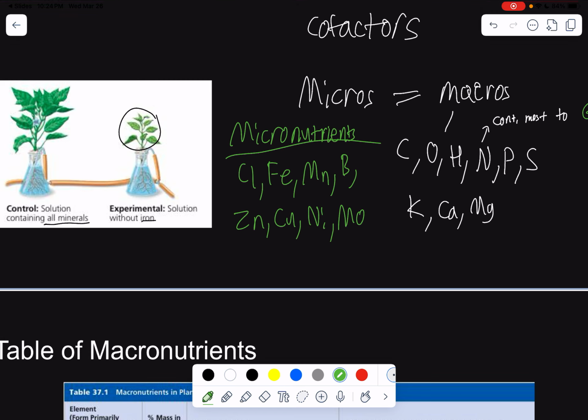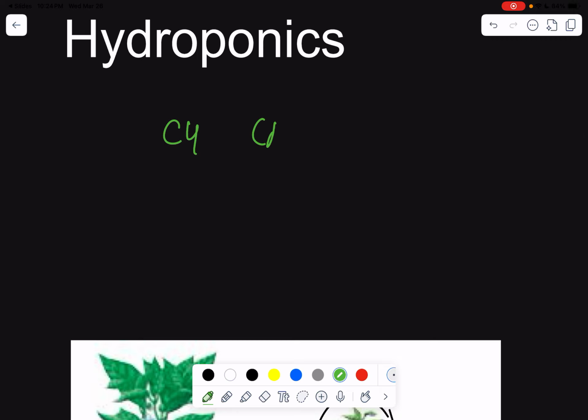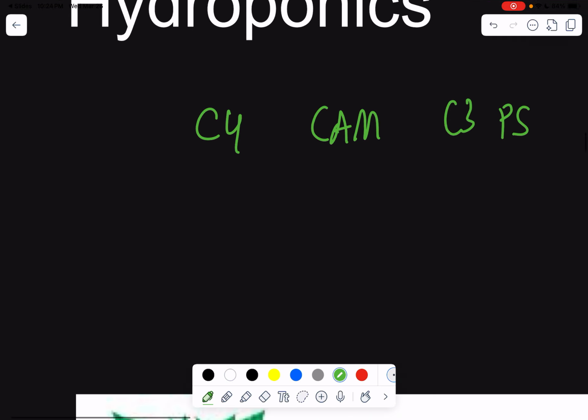And sodium is a 9th essential micronutrient for plants that use the C4 or CAM pathways. So C4 and CAM are deviations from the traditional C3 photosynthesis, and those are a topic for another day. But the important thing is that sodium, Na+, is a 9th micronutrient for C4 and CAM plants.